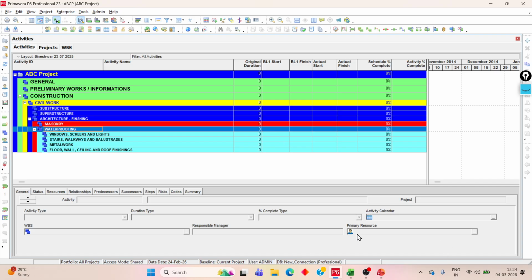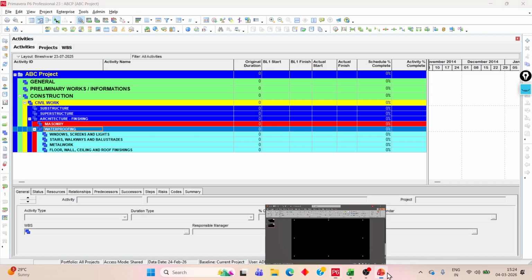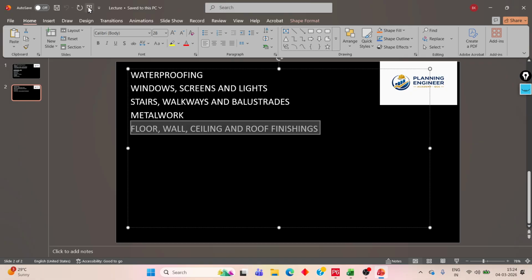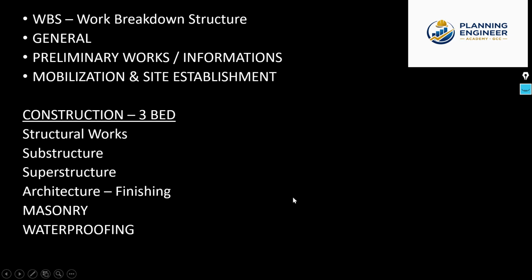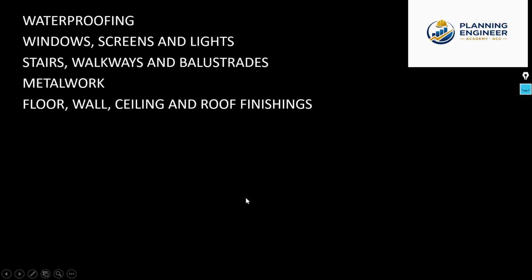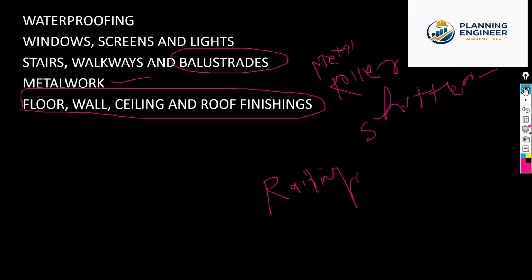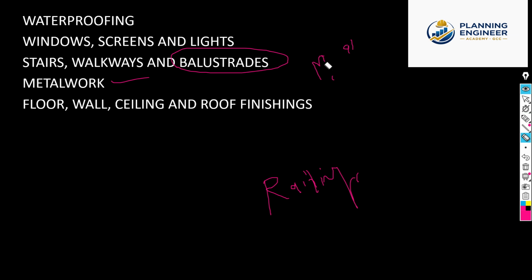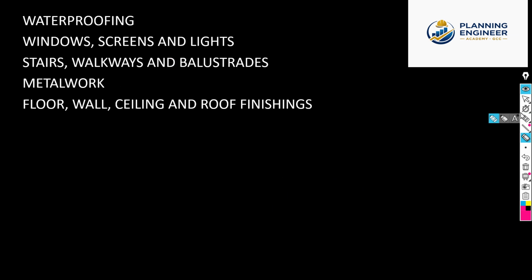And the second thing I would like to tell you will come here. Okay, so suppose this is the building. It may be in your case, this is the plot.